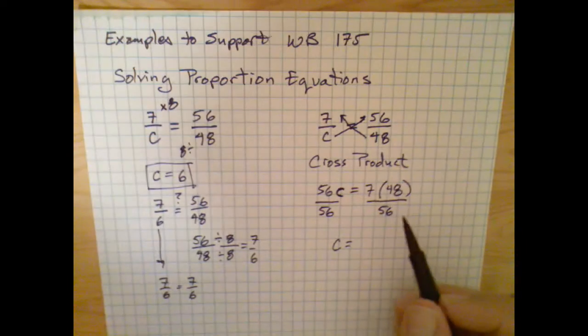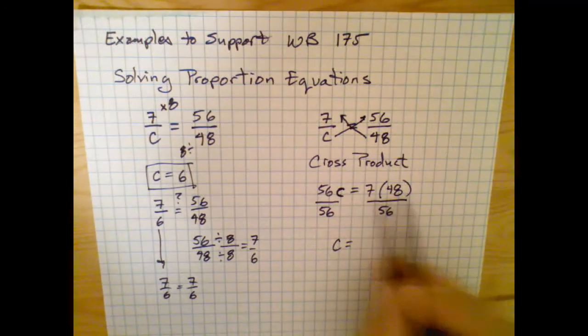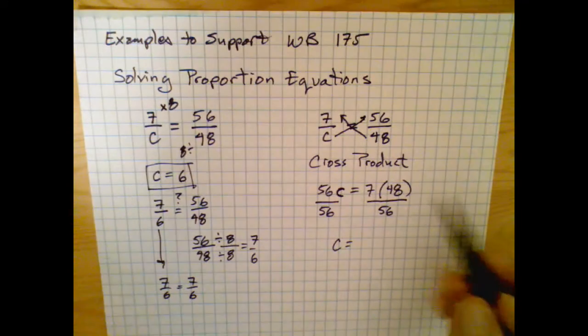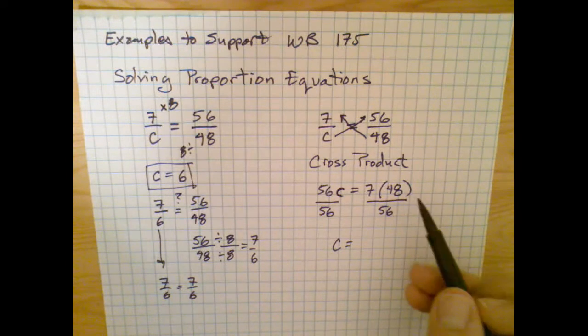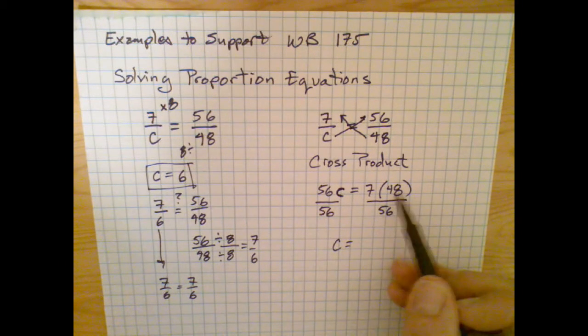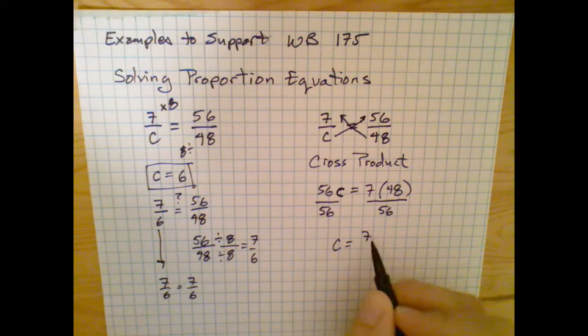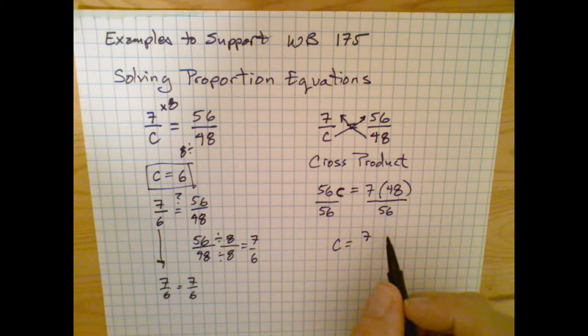On the other side here, again, I don't want to multiply this out, but is it possible for me to cancel any parts? Well, it'll be easier if I break this apart, that is, I factor it. So I have 7. Now 48, what is 48?